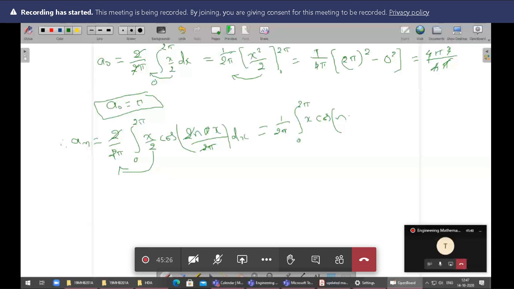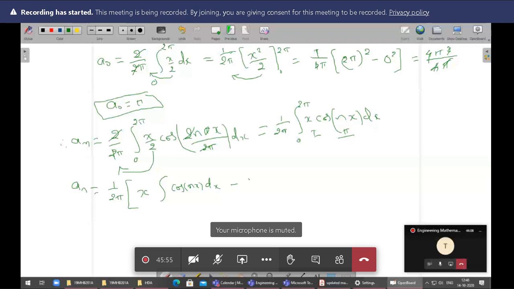This is a product of two functions, so I can apply the Leibniz rule, integration by parts: first function into integration of second function, minus derivative of first function into integration of second function, that is cos nx into dx, with limits from 0 to 2 pi.